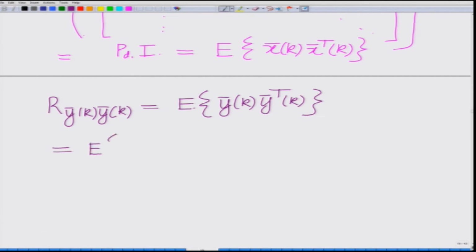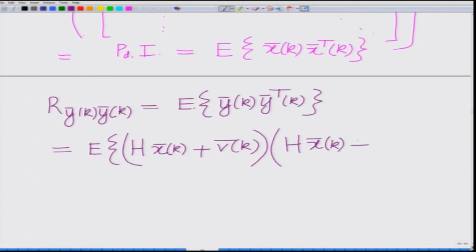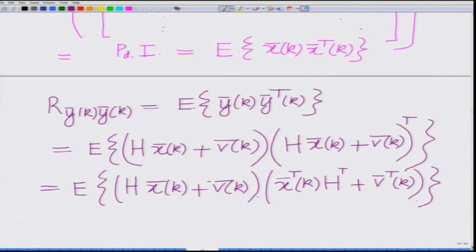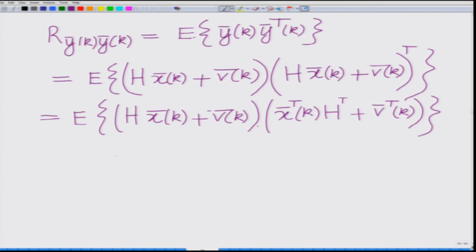This will be expected value of (h x bar k plus v bar k) times (h x bar k plus v bar k) transpose, which is equal to expected value of (h x bar k plus v bar k) into (x bar transpose k h transpose plus v bar transpose k).